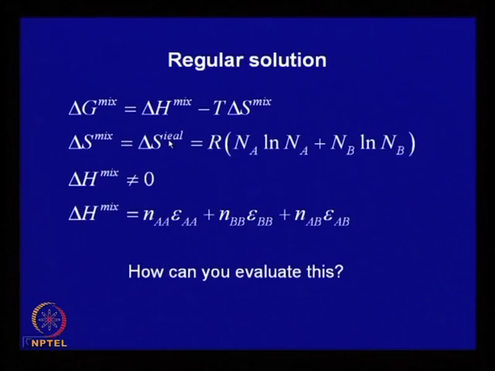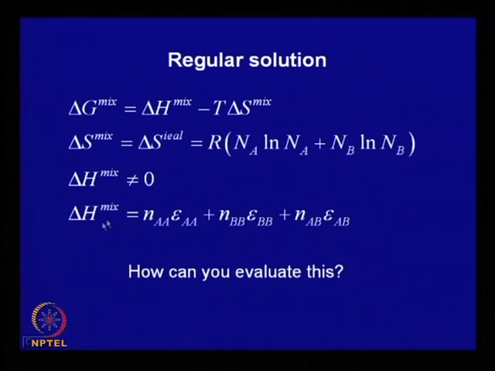This is an ideal solution, there is a mistake here, correct, ideal solution. And let us assume that in this case the enthalpy of mixing is not 0, it is either positive or negative, either endothermic or exothermic. And in that case, how do you calculate this enthalpy of mixing?